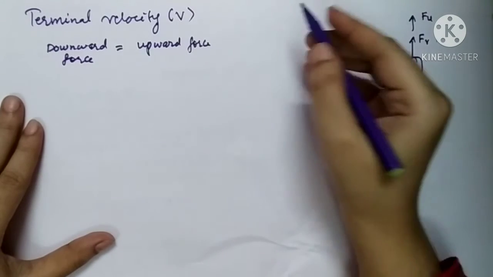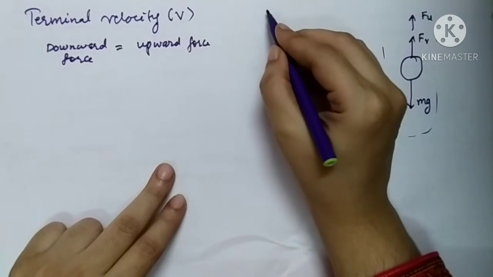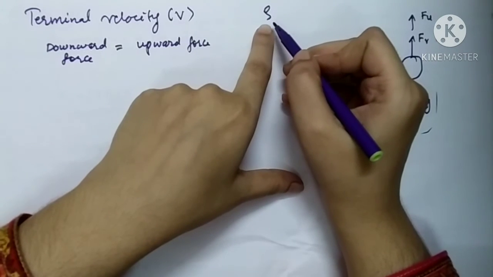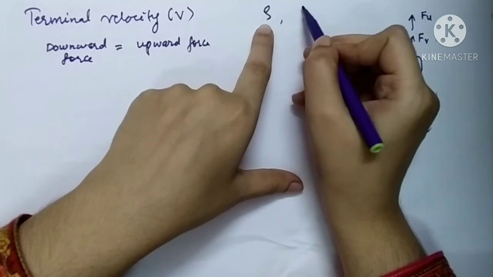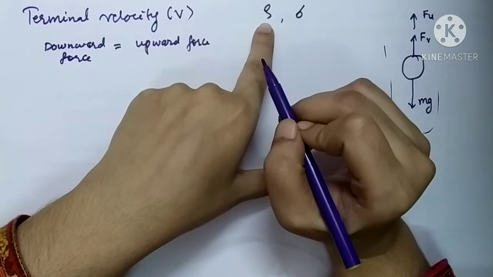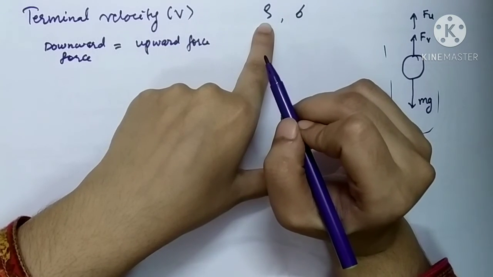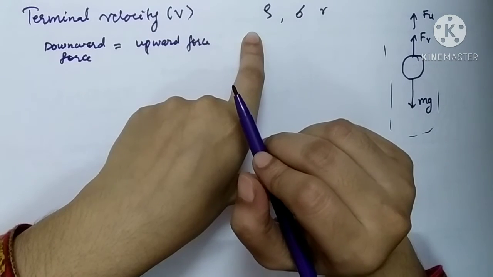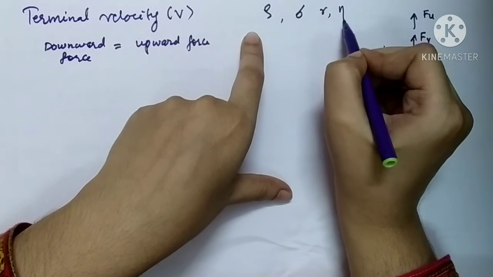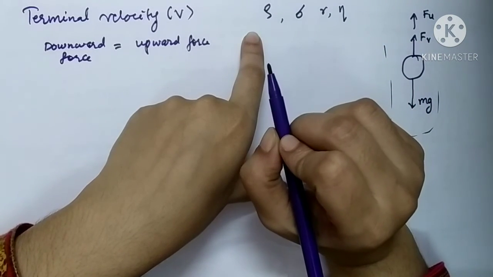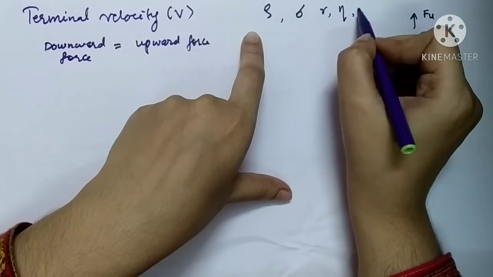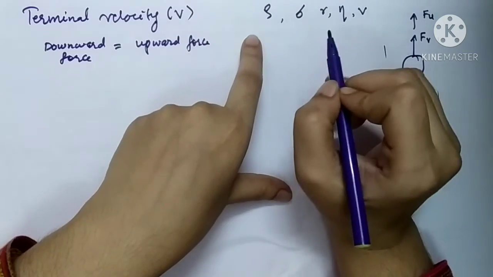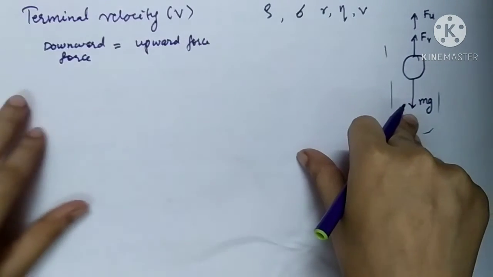Before that, let rho be the density of the sphere and let sigma be the density of the fluid and let small r be the radius of the sphere. Let eta be the coefficient of viscosity. Let v be the velocity of the sphere which is moving inside a viscous liquid.